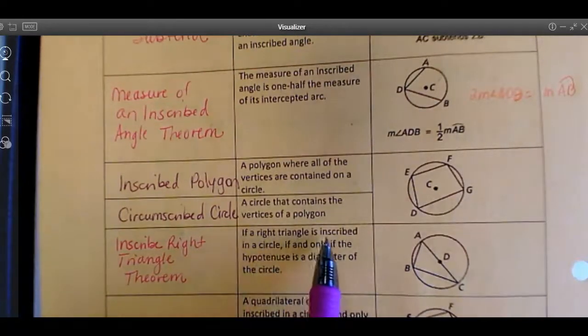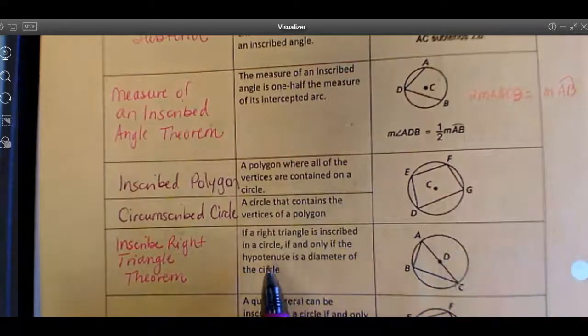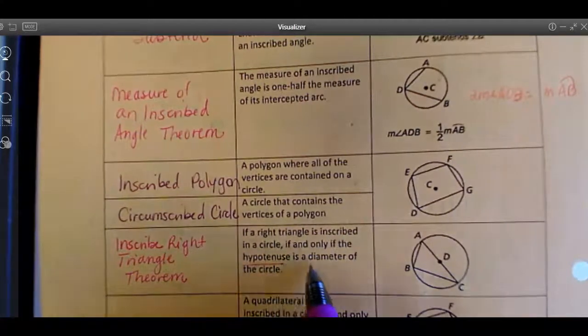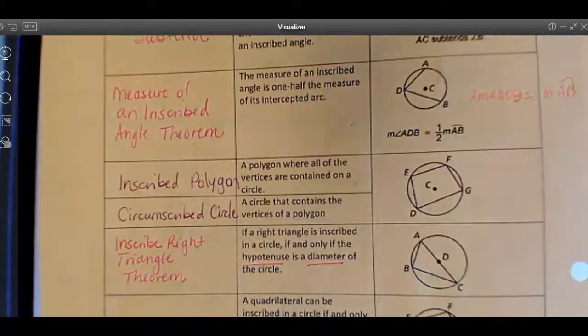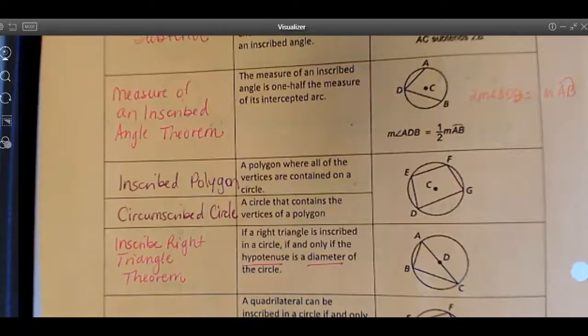If a right triangle is inscribed in a circle, so you have a right triangle inside the circle, it can only be true if the hypotenuse is the diameter. Okay? You can only have a right triangle in the circle if the hypotenuse is the diameter. If the hypotenuse is not the diameter, it can't be a right triangle.